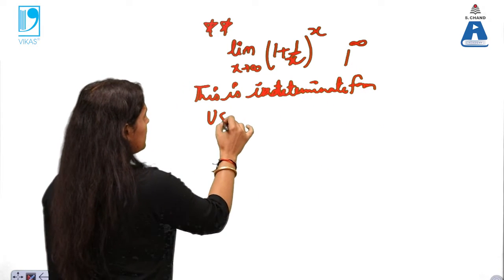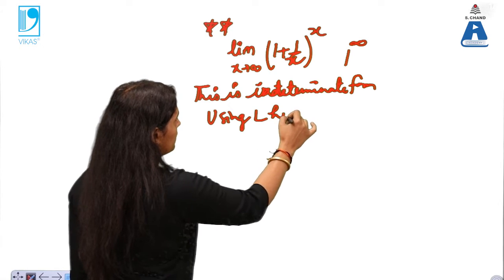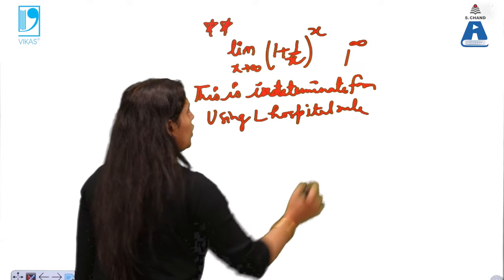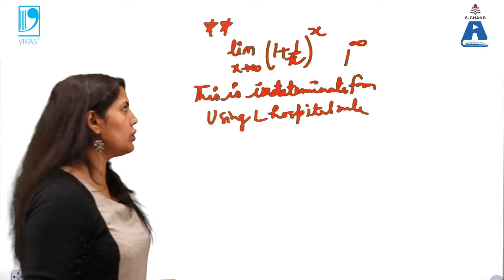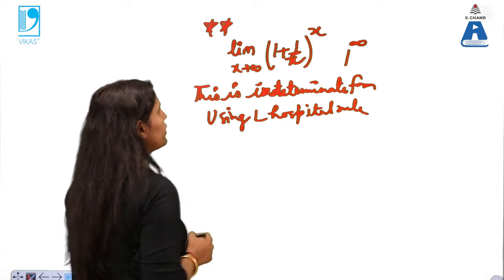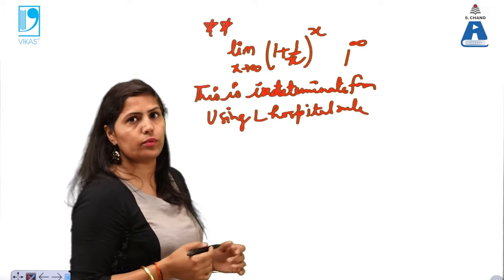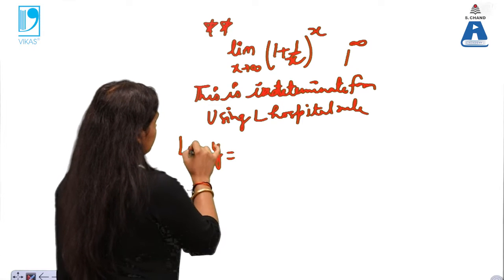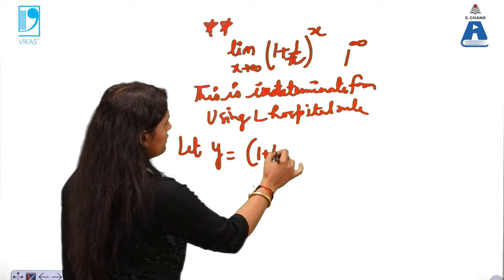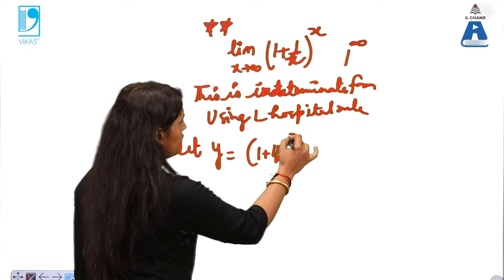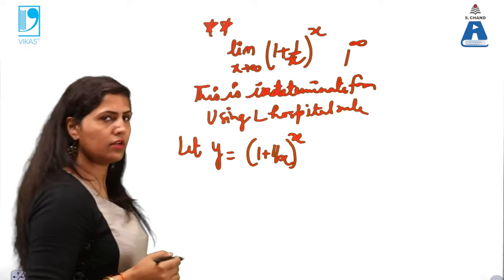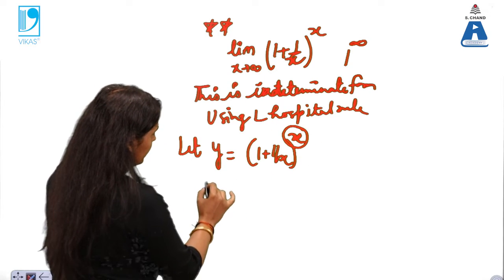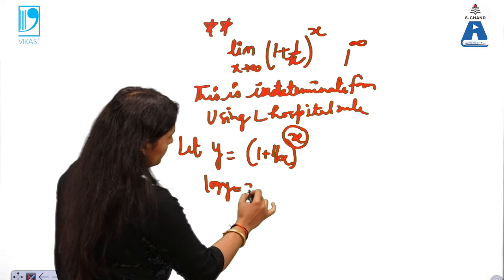Again we will use L'Hopital, but how will we make it infinity by infinity or 0 by 0? Anyhow, every different form you have to convert to 0 by 0 or infinity by infinity. So first I am letting it be a function in a single variable. Whenever you have this, I am telling you to use log.